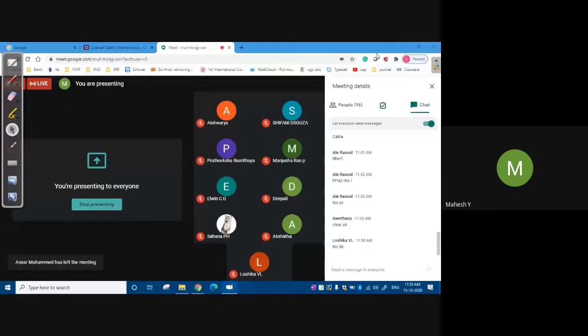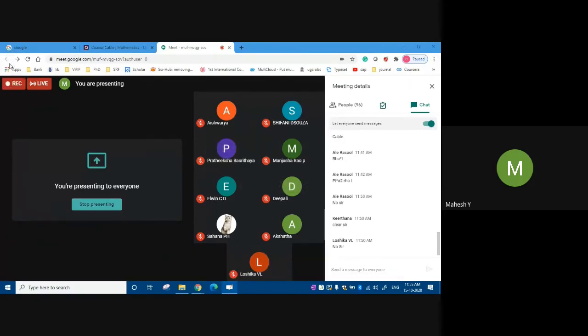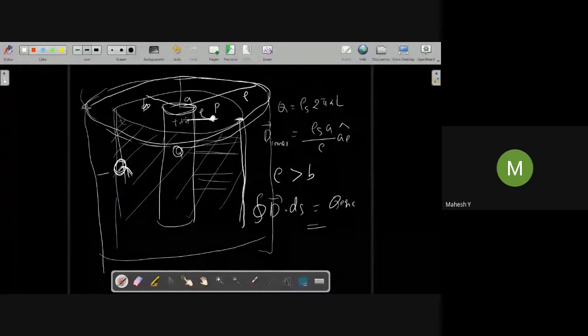Can anybody tell me? This is the outer cylinder I have drawn here.